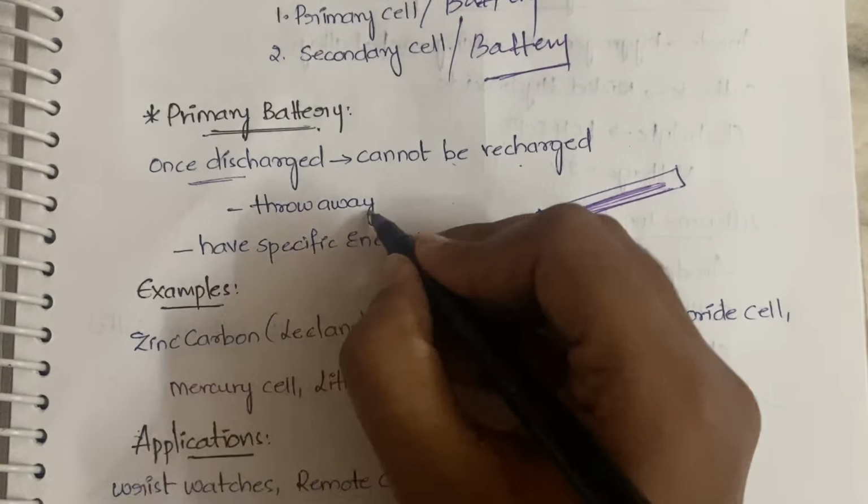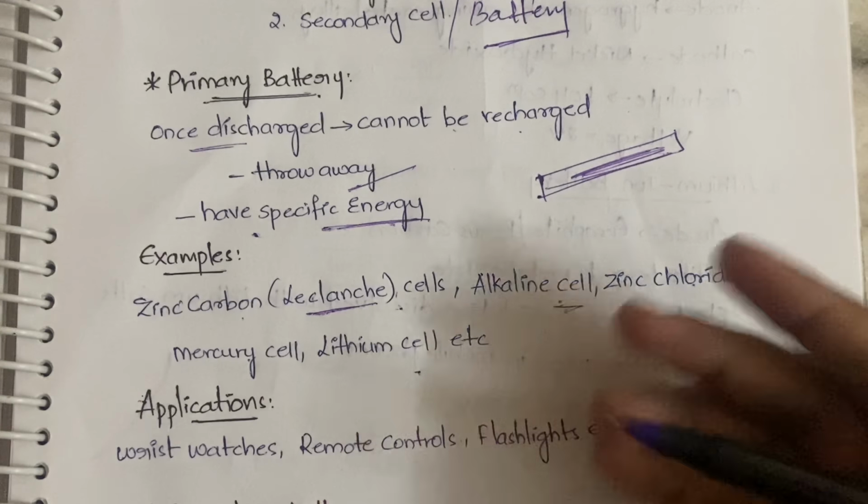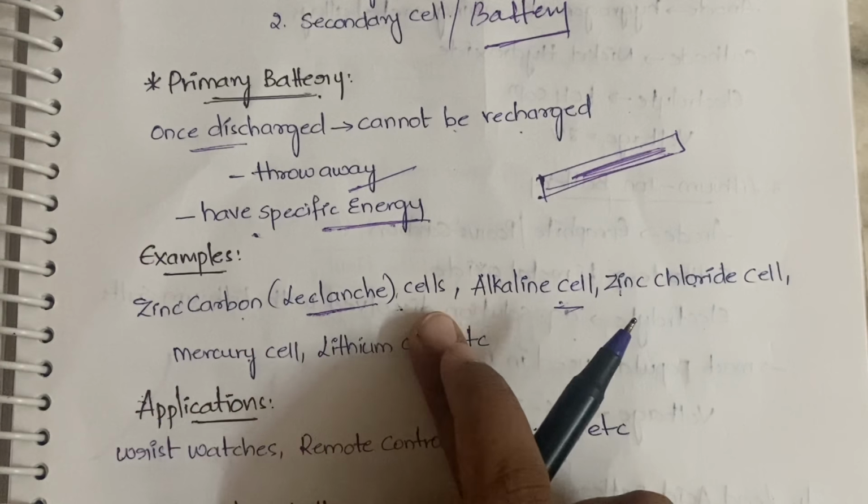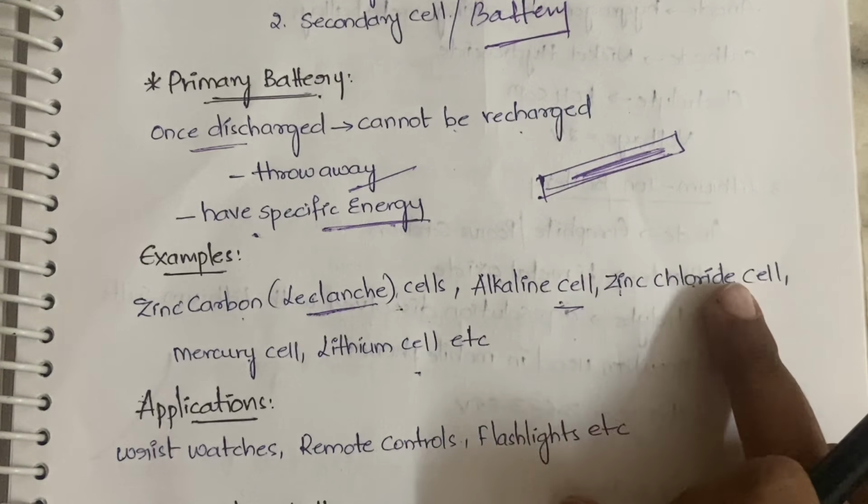Okay, next, examples are the zinc carbon cell, which is the Leclanche cell, a very popular type of cell, the alkaline cell, zinc chloride, mercury and lithium. Instead of cell you can write battery also: zinc carbon Leclanche battery, alkaline battery, zinc chloride battery, mercury battery, lithium battery.